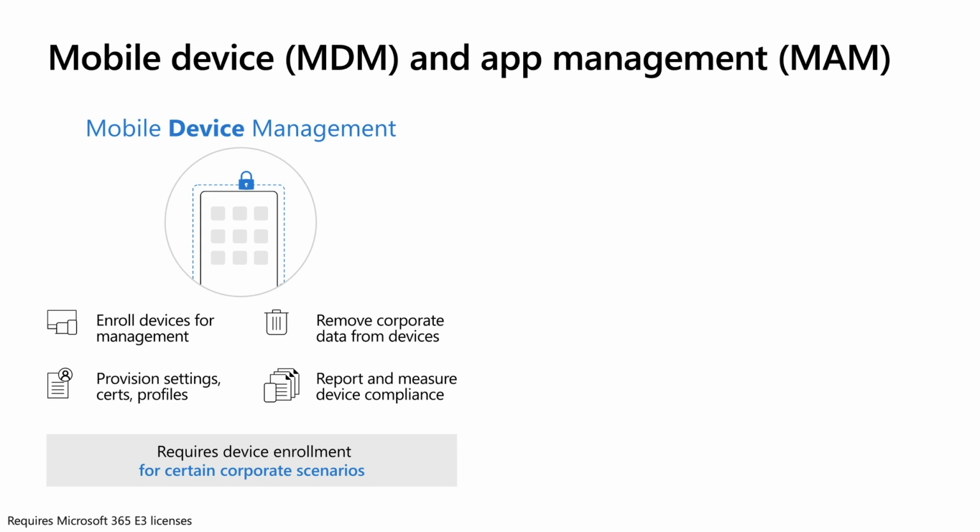Now, device management has been around for more than a decade, and it really began as a simple need to provide and control access for mobile messaging. The ability to enforce a PIN and encrypt first came about with Exchange.